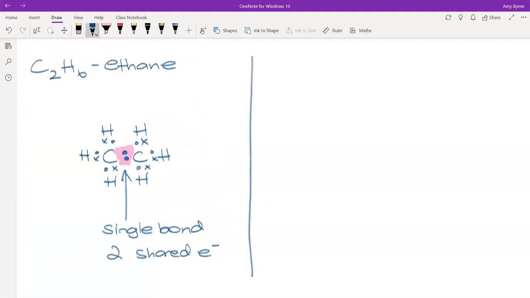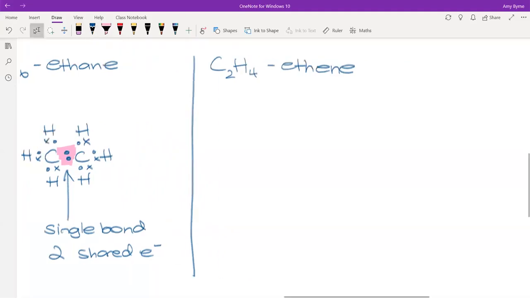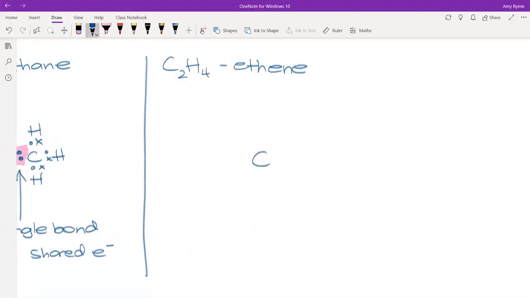Let's move across to a relative of ethane called ethene. Now this one you might find a bit trickier to draw. That's cool. Let's start by joining our 2 carbons in the middle. But I've only got 4 hydrogens.